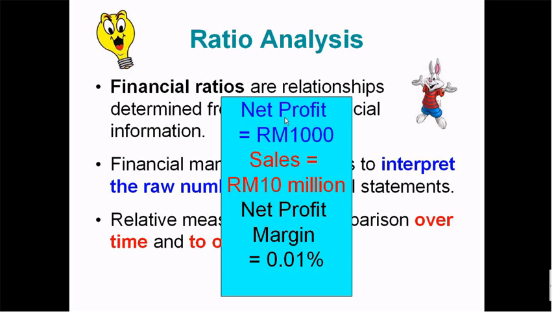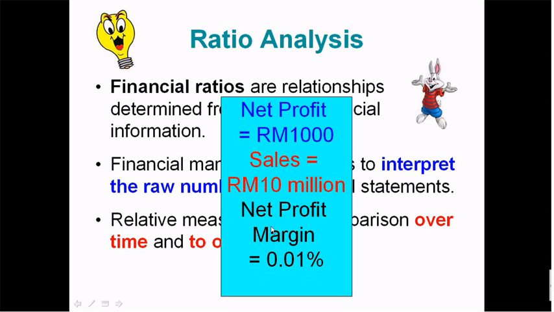Okay, so why do we actually need to learn ratio analysis? If we do not form a relationship between net profit and sales, there is no way we can know whether this 1,000 ringgit is a good profit or not. So after we have formed the relationship, you see we use net profit divided by sales, we get that the net profit margin is 0.01%.